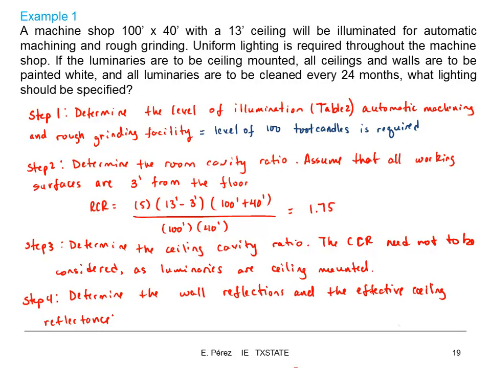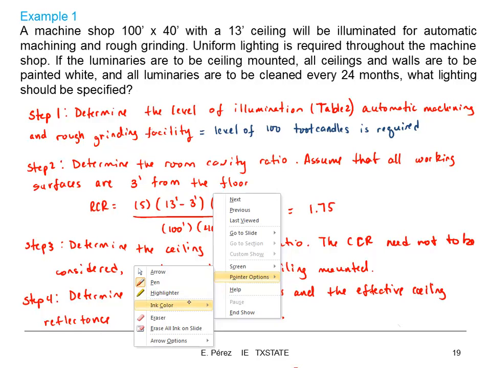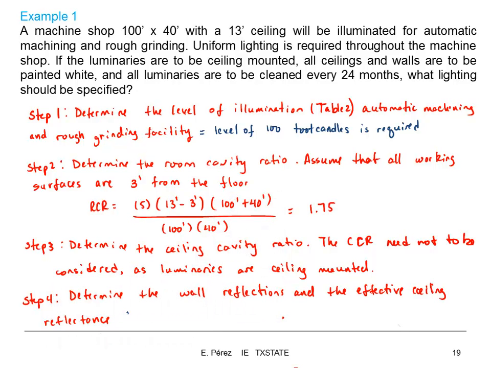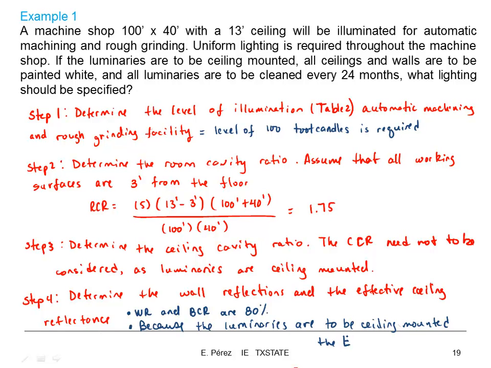So WR and CCR are 80%. And because the luminaries are to be ceiling mounted, the ECR is also 80%.